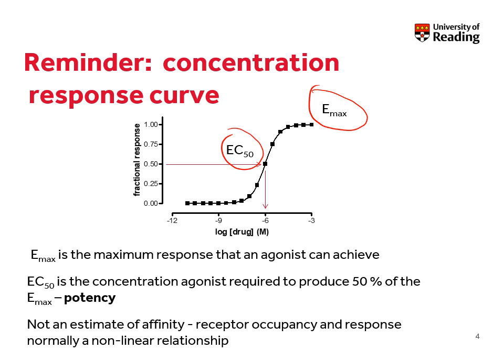And again, I'll refer you back to the other slides and video that I've posted. It's important to realize that this EC50, as we discovered, is not an estimate of agonist affinity. And it's also important to remember that receptor occupancy and the response that you get is a non-linear relationship. In other words, if you remember back to the first lecture, there's a kind of amplification step in between a drug binding to a receptor and then getting a response.